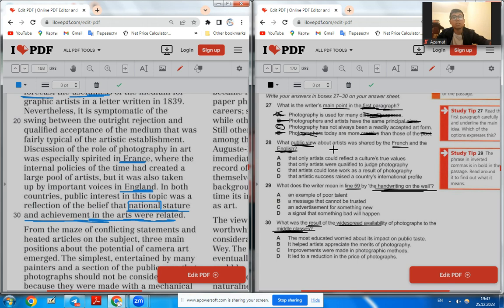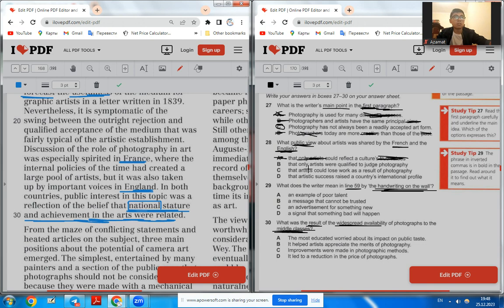Now let's read the choices. That only artists could reflect a culture's true values. Nothing about true values and whether they are reflected only by artists or not. So the answer is not A. We can easily eliminate it. And one tip for multiple choice questions, you can actually find the answer by eliminating incorrect answer choices.